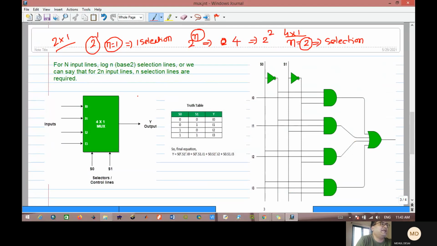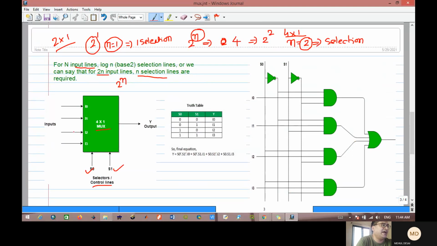So in general there are 2 raised to n input lines and n selection lines, and there is always one output line. This is the graphical representation, the block diagram, of the 4 cross 1 mux. S0 and S1 are the selection lines.